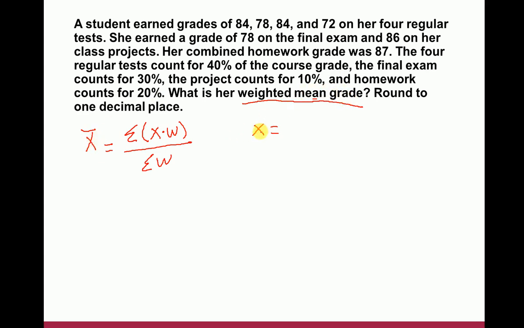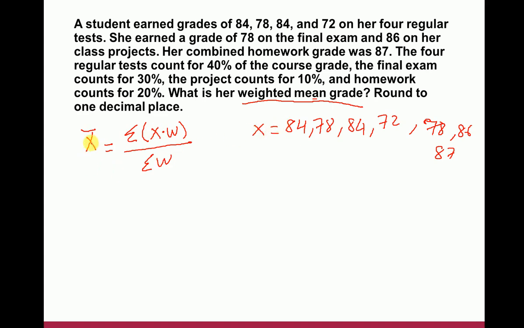So x, the data, should be 84, 78, 84 again, 72, 78 for the final, 86 for the class project, and 87 for the homework assignments. Now this is the data x, which is the rate, right?